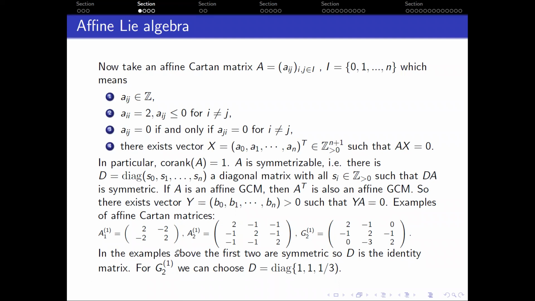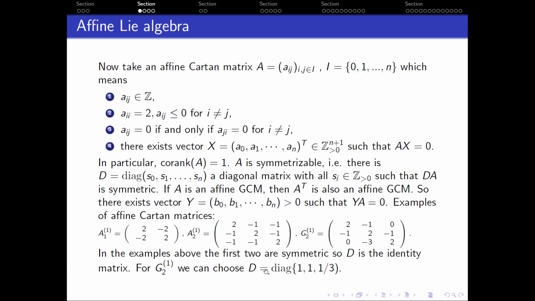Okay, so here are some examples. For example, A11 is the smallest affine Cartan matrix. A21 is a 3 by 3 case. Observe that if I delete the first row and first column, what you see here is the Cartan matrix for sl3, and that's A2.